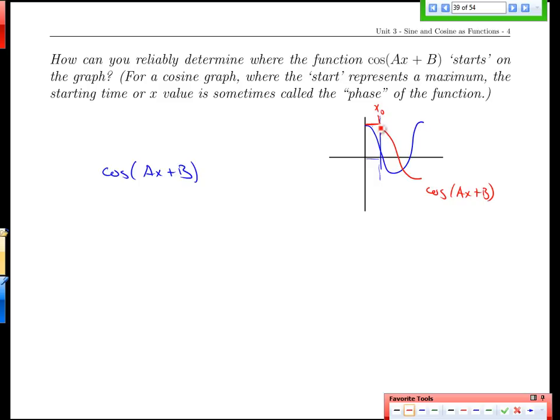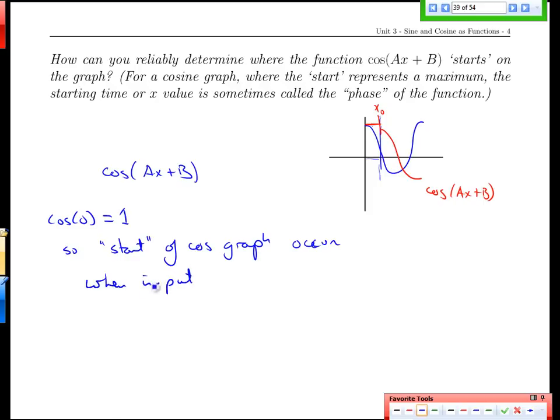Well, what we do know is, we know cos of 0 is equal to 1. So the start of the cos graph, this point here, is going to occur when the input to cos is equal to, sorry, is equal to 0.